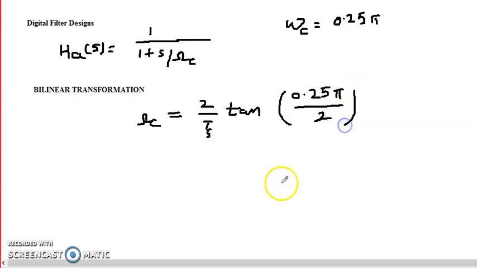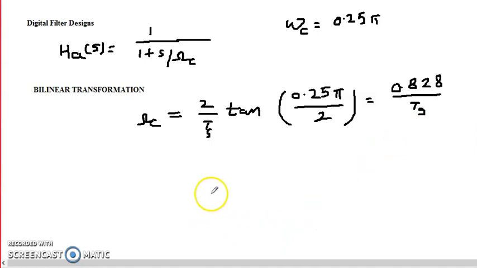When we calculate this, we will get its value to be 0.828 divided by Ts. Ts is the sampling period. Okay.